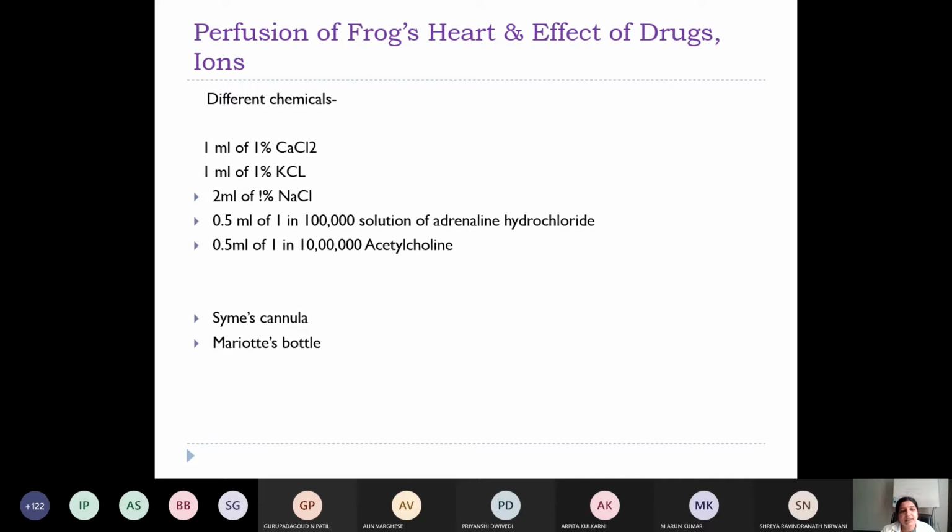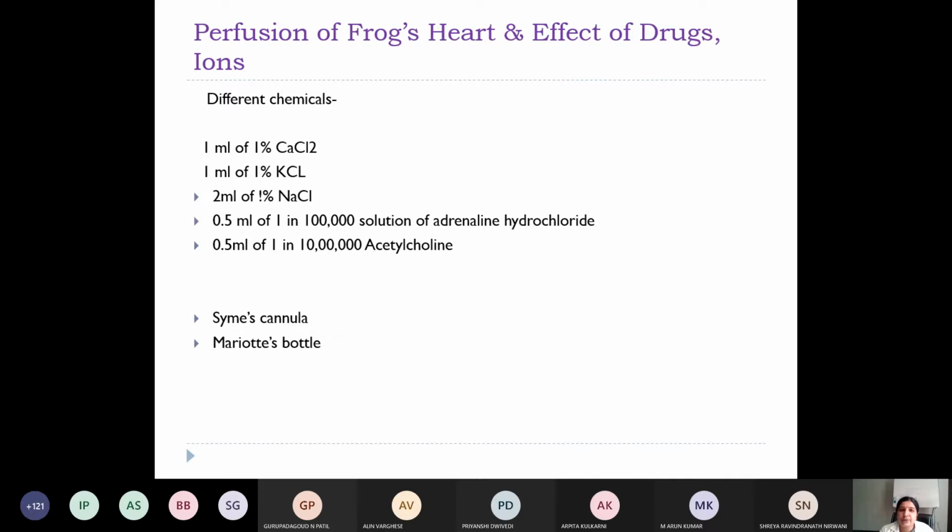Through that Sims cannula and Marriott's bottle, Ringer-Locke solution is continuously perfused into the frog's heart, which helps the heart beat without the aid of any external agent. So this is the perfusion of frog's heart experiment.